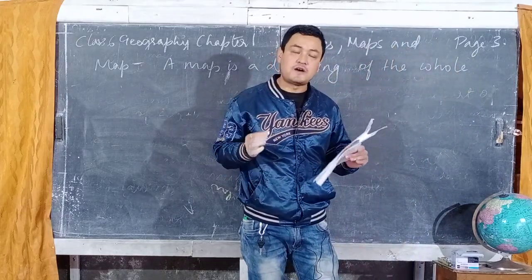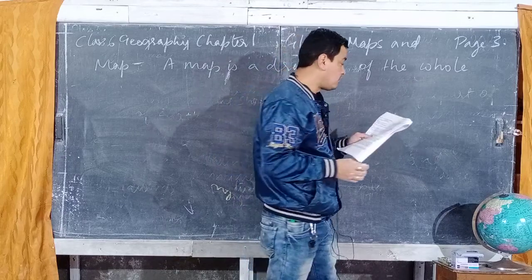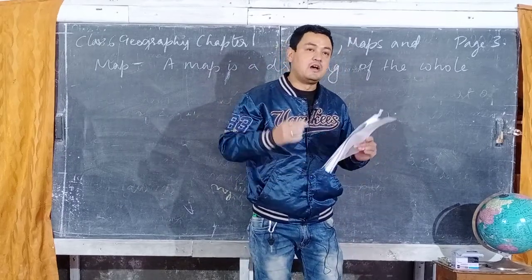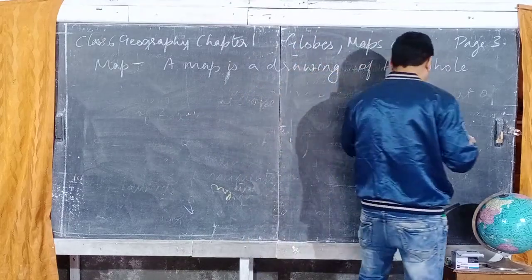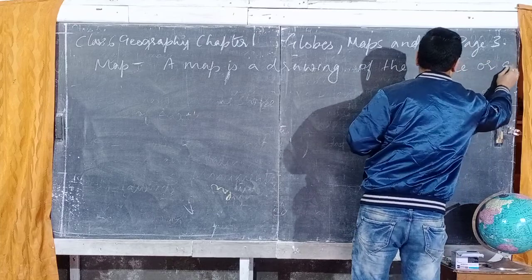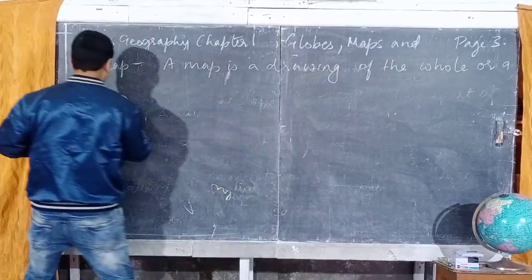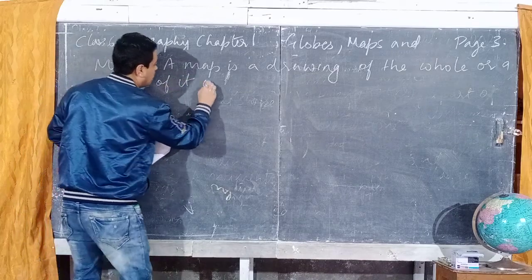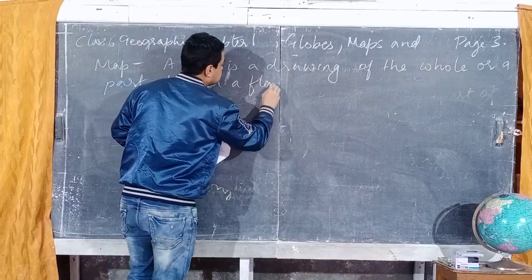In an atlas, you will find the whole map of the world, or you will also find a part of the map of a small place like India, Asia, etc. So, a map is a drawing of the whole earth, or a part of it, on a flat surface.